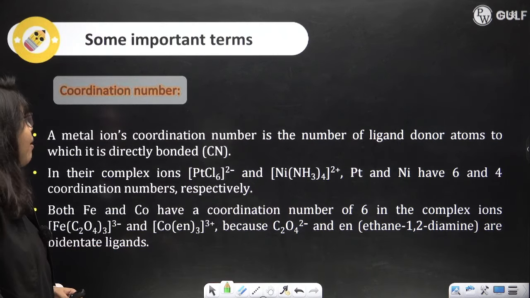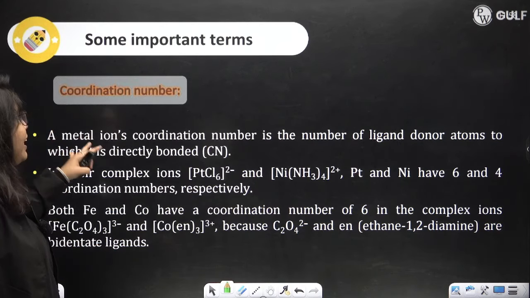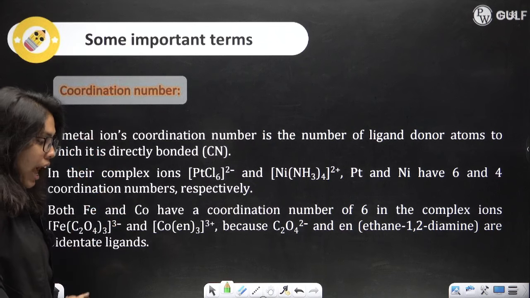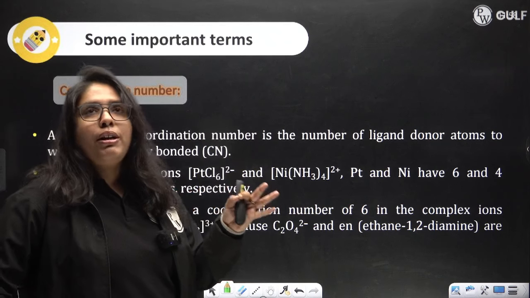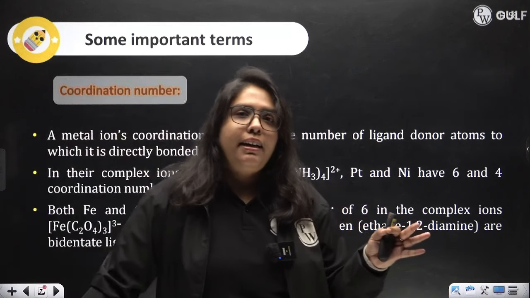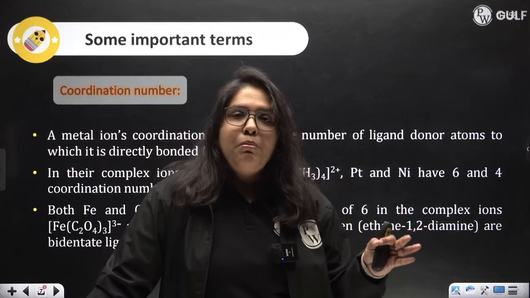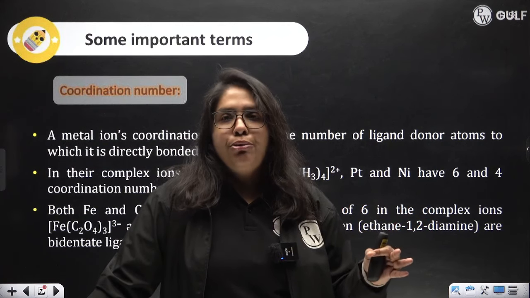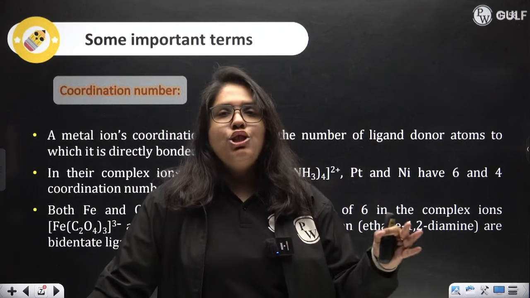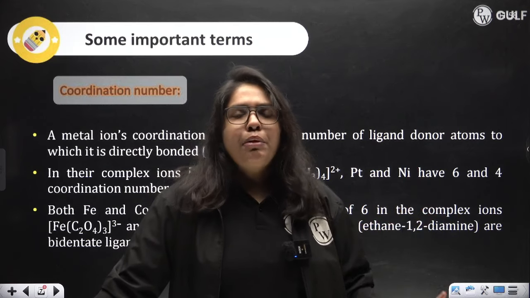So that's about ligands. Now, what is a coordination number? I told you multiple times, we were talking about coordination entity: a central metal atom having a fixed number of ions or molecules around itself in a particular geometrical fashion, right?